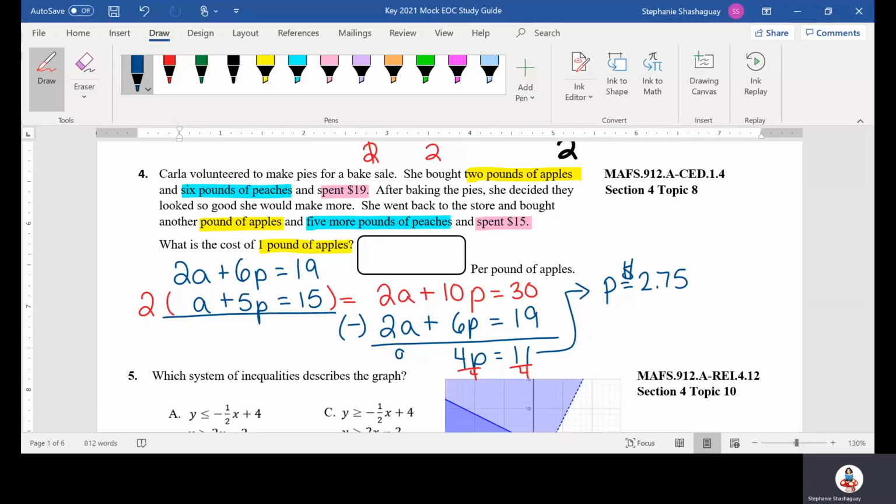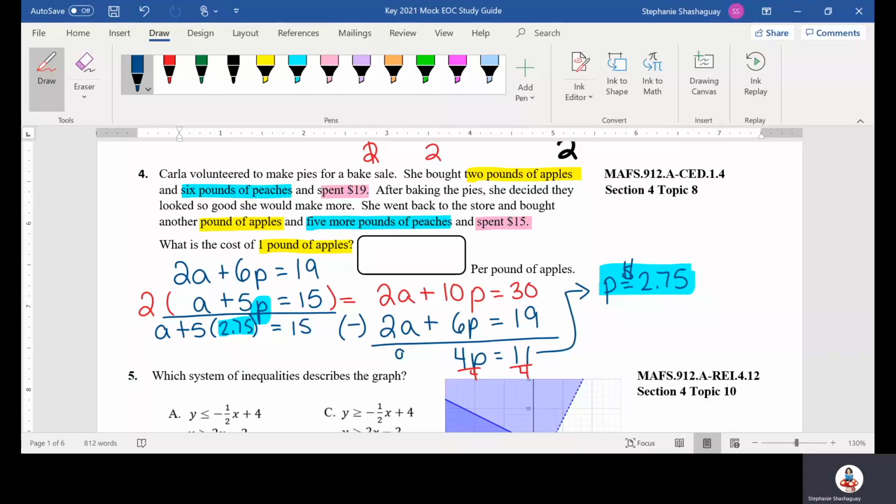Now to find the value of my A, I need to plug in that value of my P, my peaches, which I'm going to highlight here in blue. Now I'm going to plug that value in to this equation to find the value of my A, my pound of apples. So I'm going to have A plus 5 multiplied by 2.75 because I'm replacing that P with the $2.75, and that's going to equal $15.